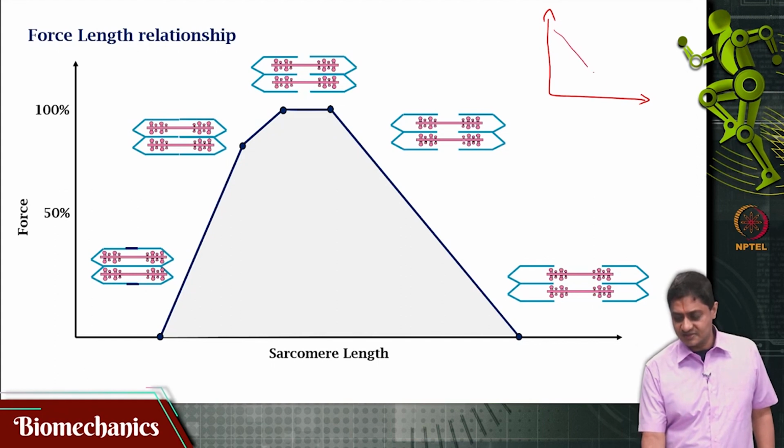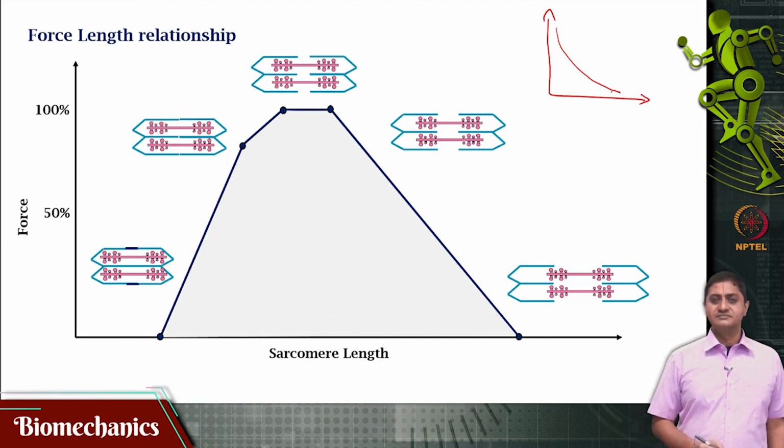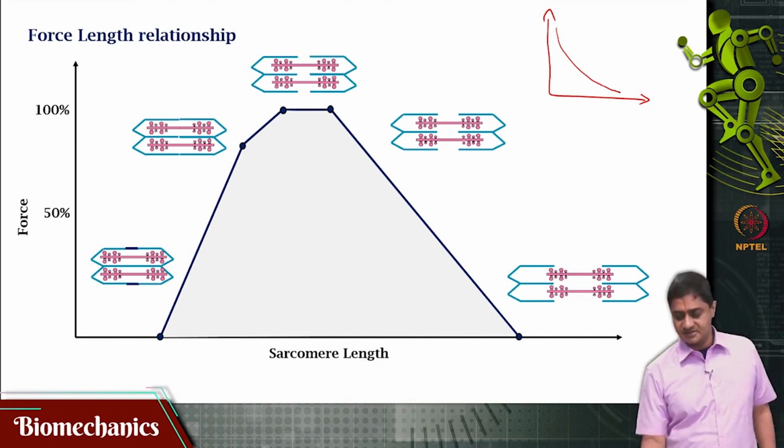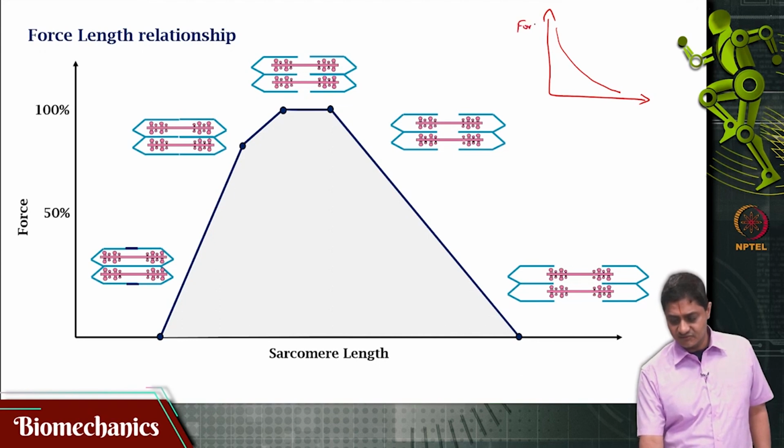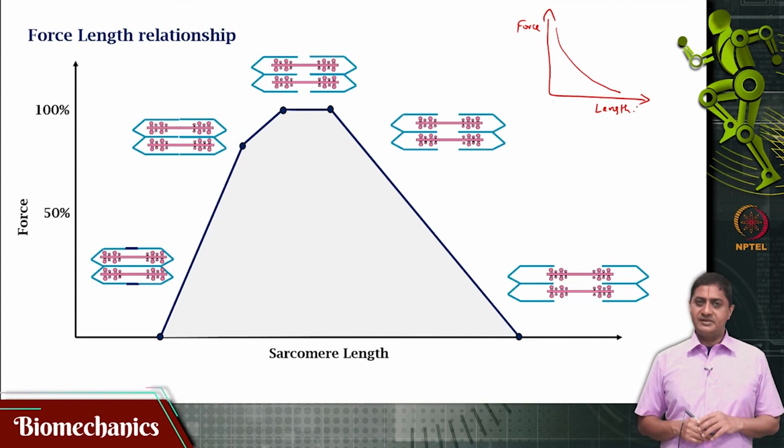I can expect something like this, not necessarily linear, okay fine, something like this is what you can expect. That is, this is force, this is length. But this is not observed in practice, this is not observed in reality.